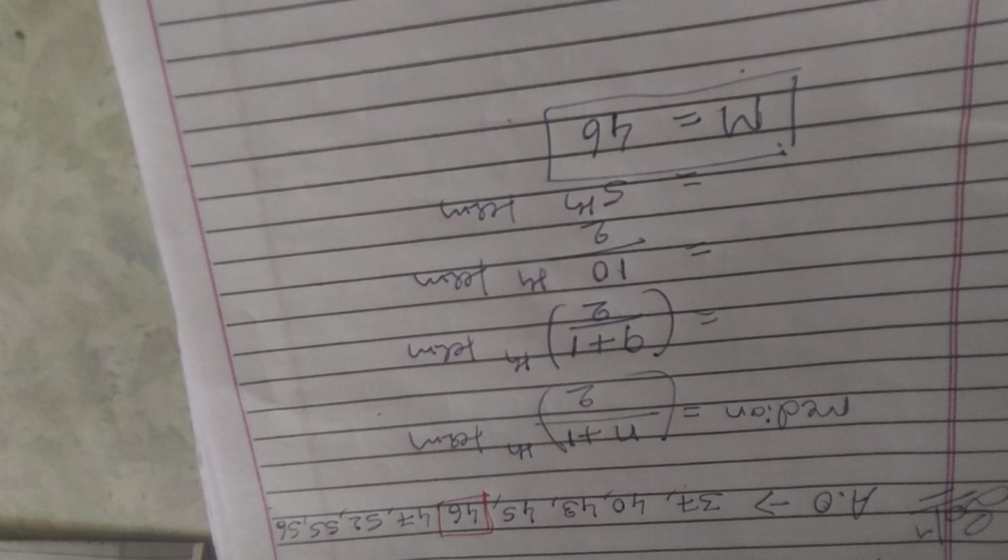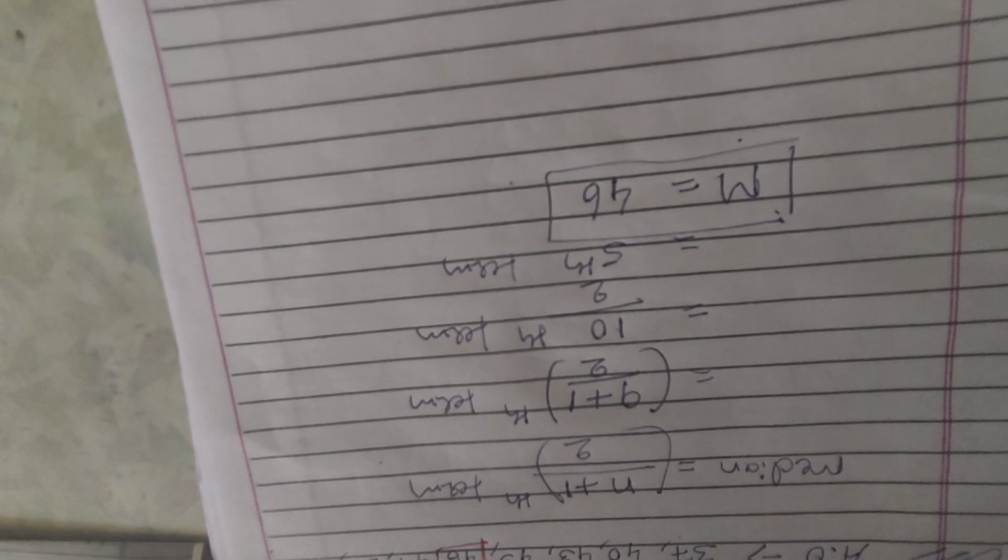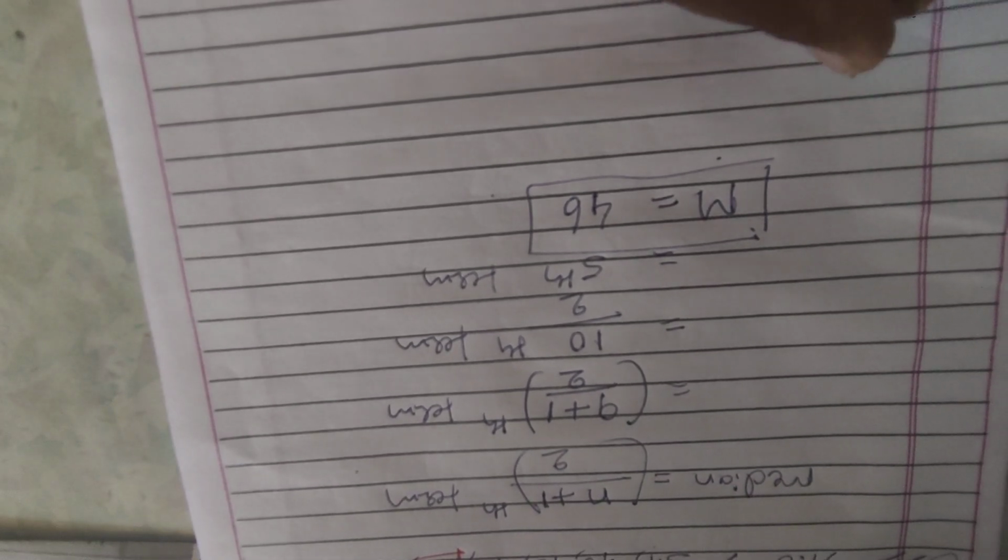The formula for mean deviation from median is the summation of modulus of x minus median, divided by n. Next, in a table we identify x minus median.